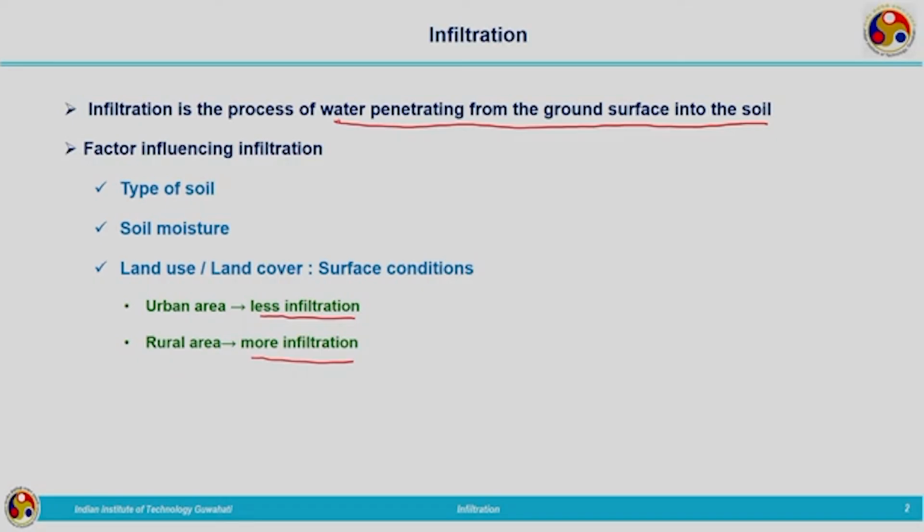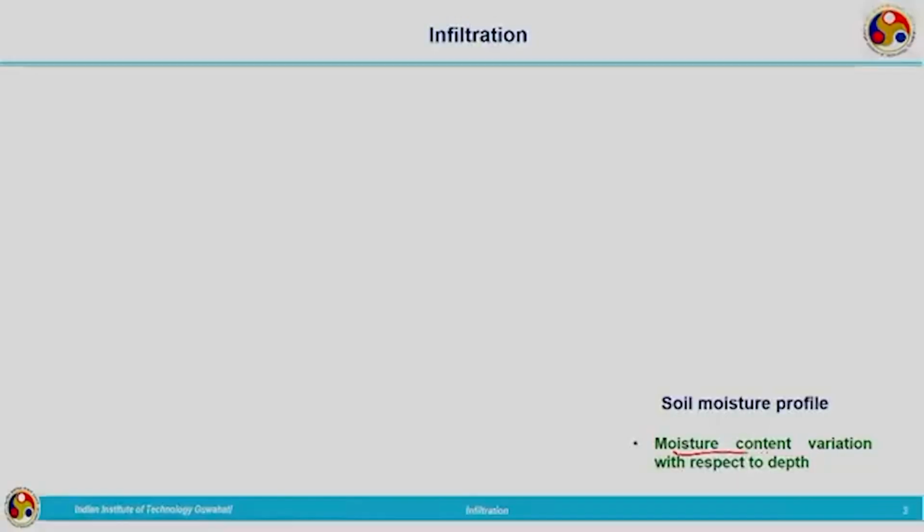Now, for understanding the process of infiltration, we need to have an idea about the soil moisture profile. The soil moisture profile represents the moisture content variation with respect to depth. We can assume the ground surface as this horizontal line, representing the x axis. Along the x axis we plot the moisture content.